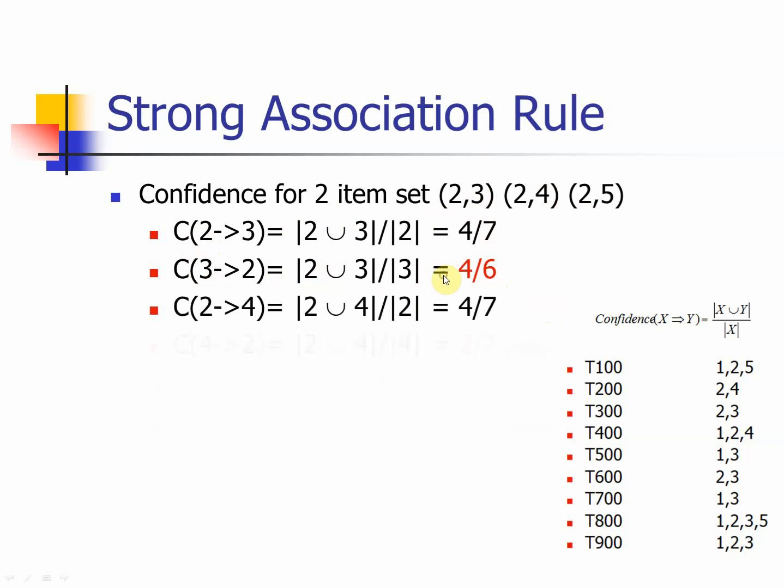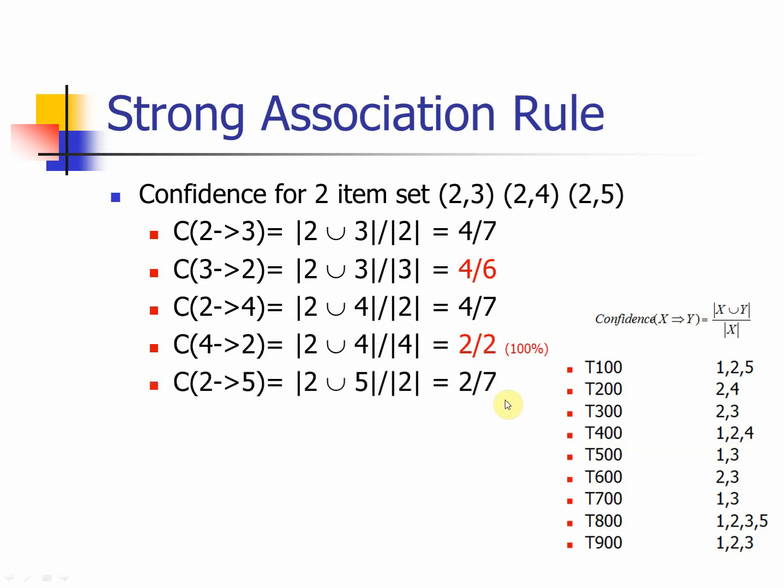For 2 and 4, you will see similar things. 4 only occurs 2 times, so when 4 goes to 2, it becomes a strong association rule. However, when 2 goes to 4, since 2 occurs so many times, it's not really passing the minimum confidence. For 2 and 5, it is a similar situation. Then we would be able to retrieve several strong association rules with 2-item sets.